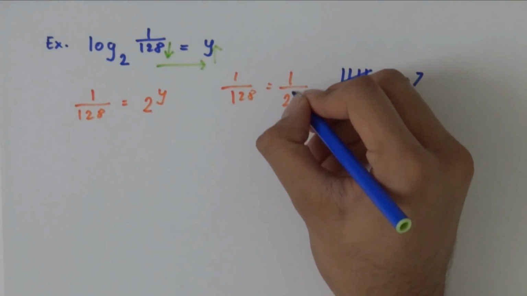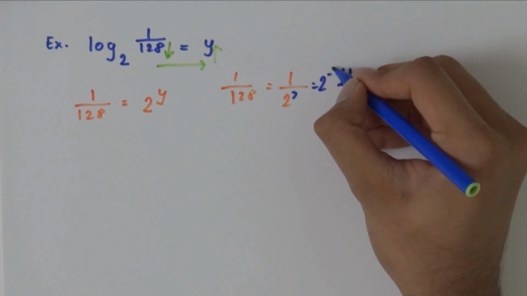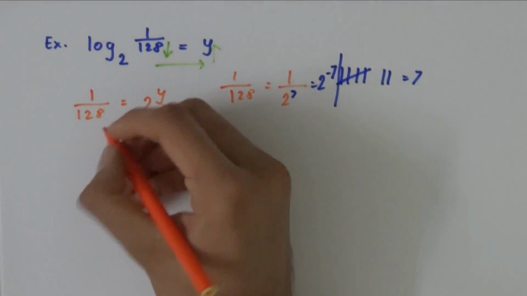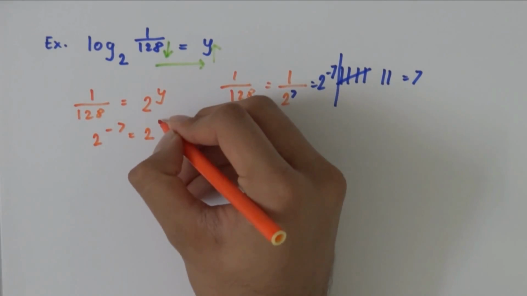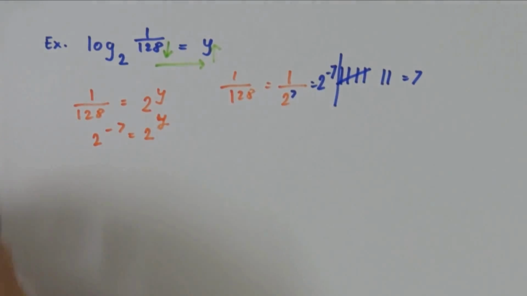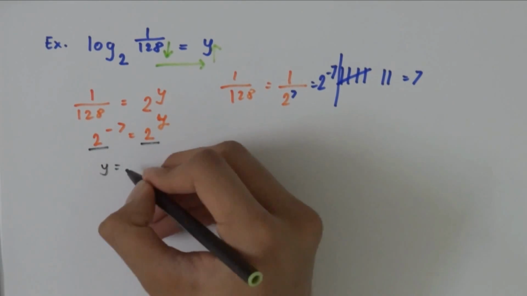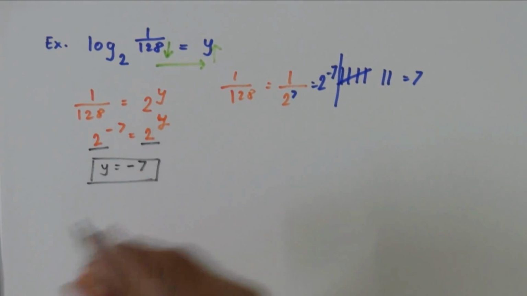Let's put 7 here, and when we convert it, it will be 2 to the power minus 7. That's it. 2 to the power minus 7 is equal to 2 to the power y. Since the bases are the same, we can equate y is equal to minus 7, and that's our answer.